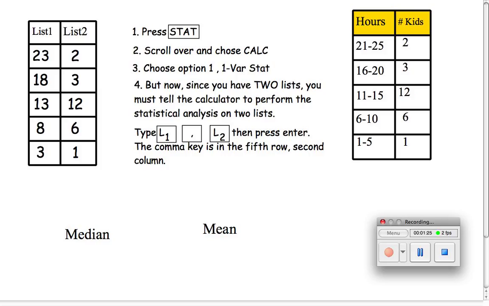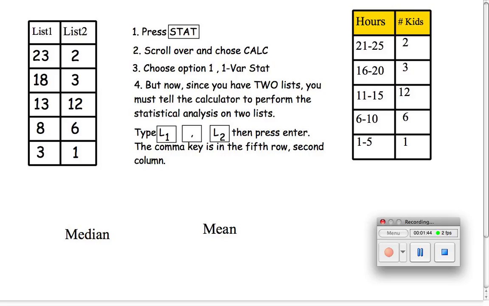Okay, first thing we're going to have to realize is that you can't enter the number of 21 through 25 in your list. So what we do is we take the middle number between 21 and 25. The middle number between 21 and 25 is 23.